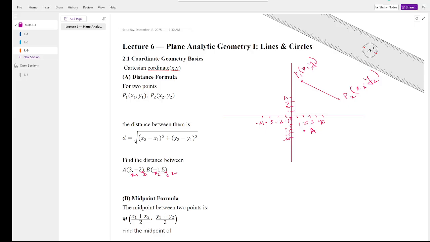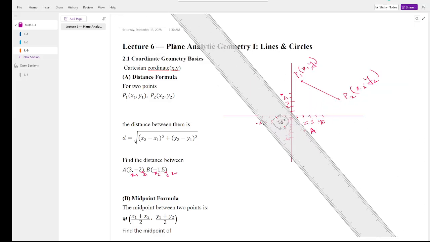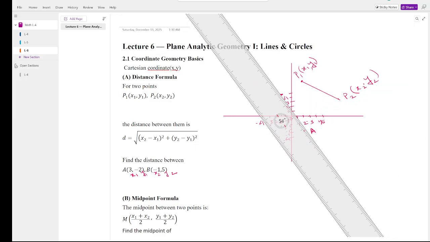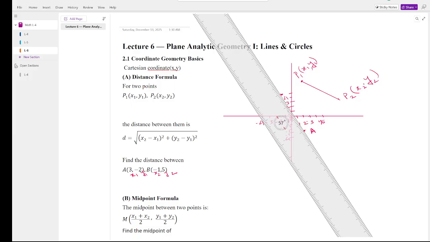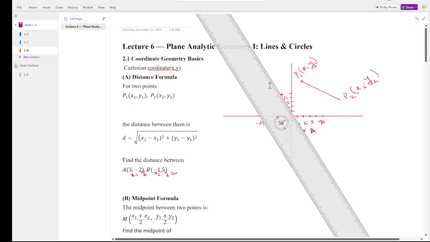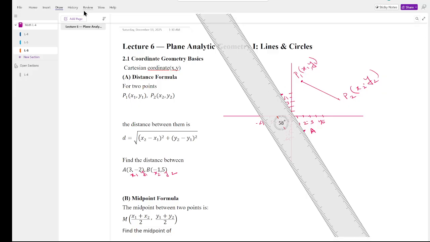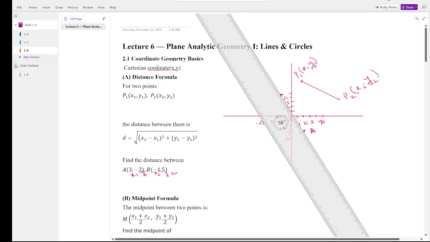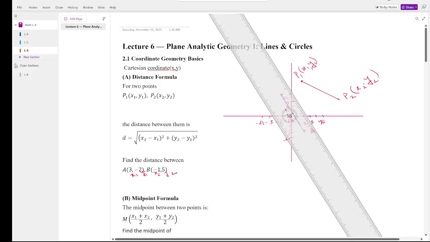B is minus 1 and plus 5. This point. Now we need to find the distance between the two points A and B.